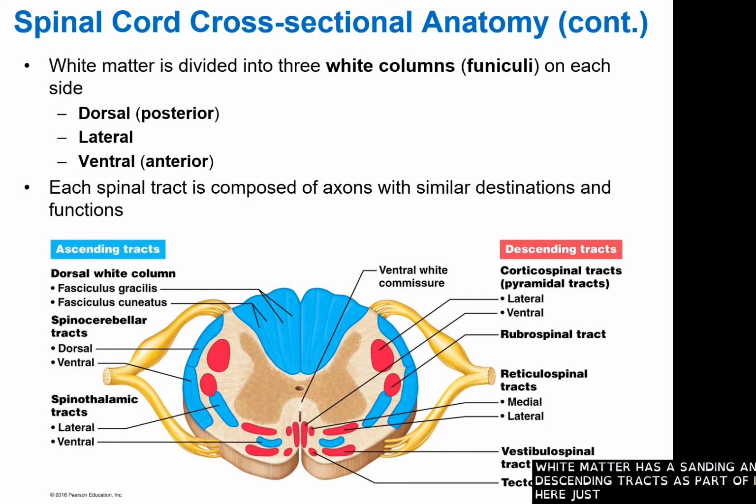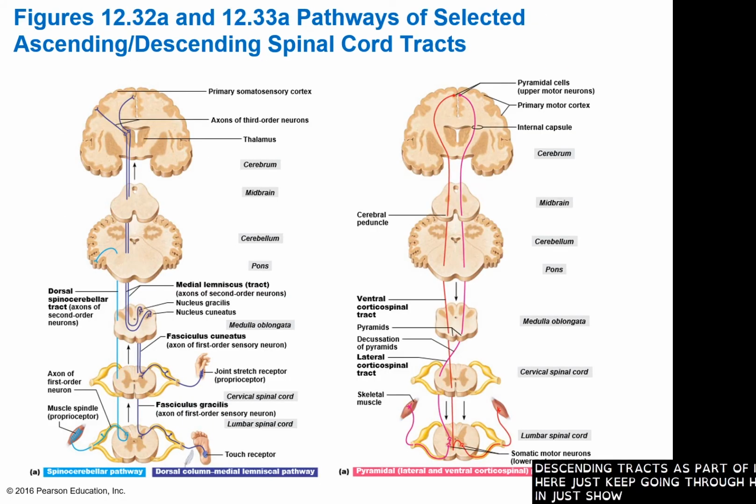And here, just keep going through and showing a couple different examples. So here we're getting input from a muscle spindle, and this is going up the spinocerebellar tract, which is fine-tuning and getting that input from your muscles for the tension, so you can fine-tune that output. But just going through that interneuron here, it goes up that ascending tract, goes all the way up, and then it integrates into the association area in the cerebral cortex.